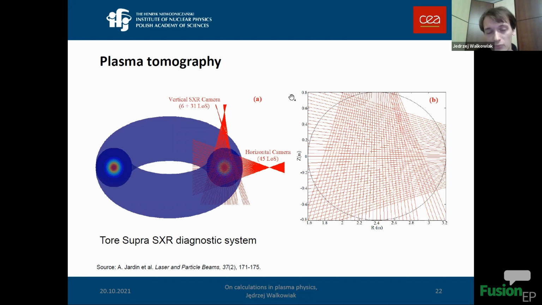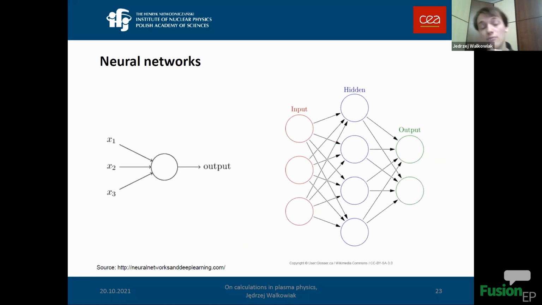It's quite complicated, because these are so-called ill-posed problems. It's not easy to calculate it fast with a conventional method, but we can use neural networks in this case.